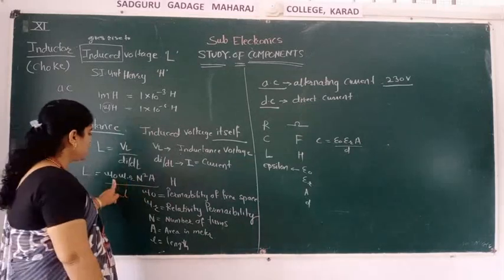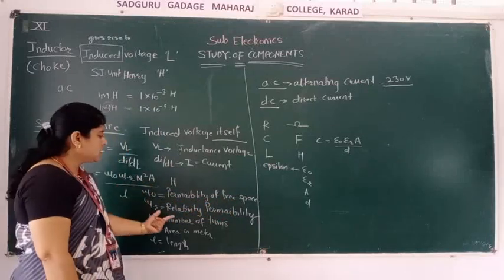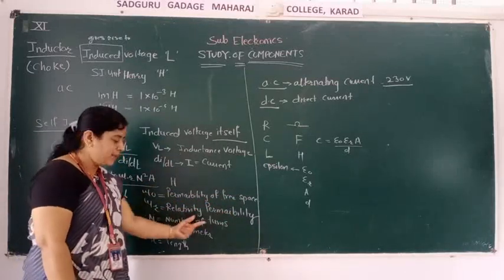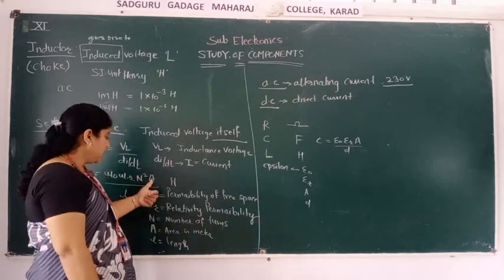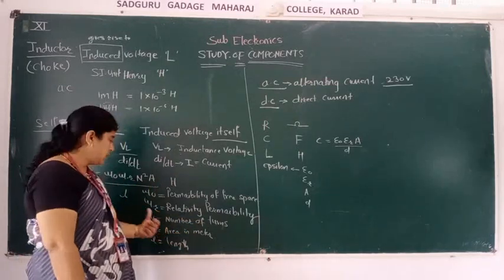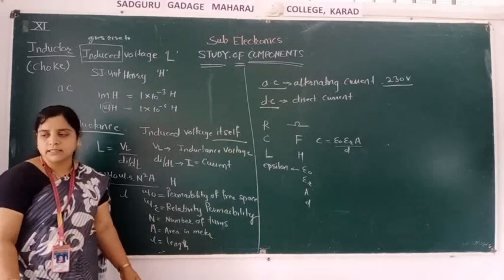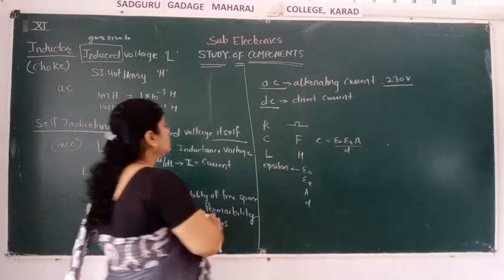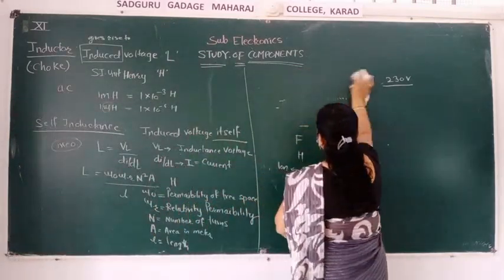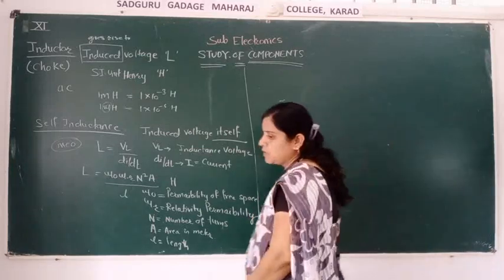Where mu 0 is the permeability of free space, and mu r is the relative permeability. N is the number of turns, A is the area in meter squared, and small l is the length. All of you understand this? Now the second type is mutual inductance.